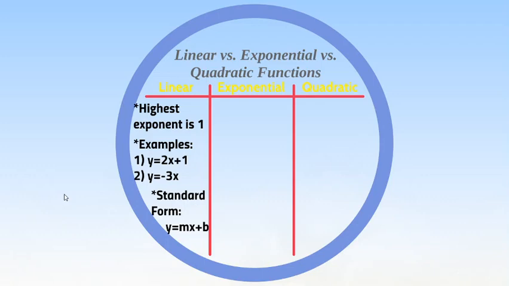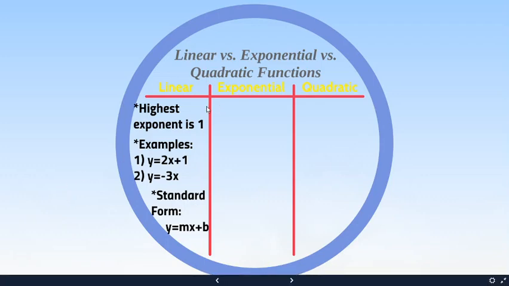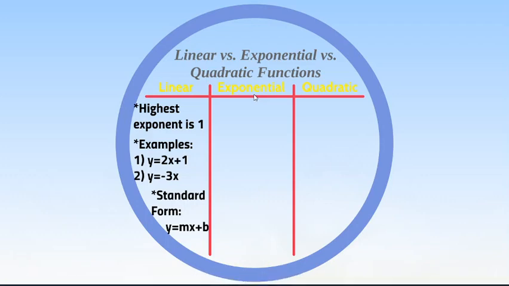Now exponential, these are the functions that we've been talking about in this entire unit. Remember, again, it's kind of in the name of the function that gives you a hint as to what the equation will look like. If you see the word exponent in the word exponential, I promise you that is not a coincidence. Sorry, guys. So when we have an exponential function, the exponent is always going to be an x. Your variable is going to be in the exponent of an exponential.